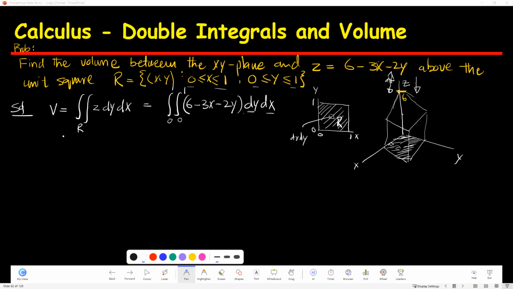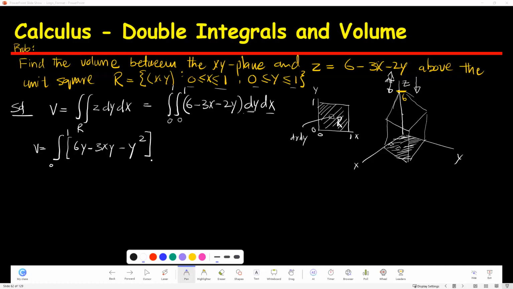So I'm going to solve this volume integral from 0 to 1, putting a curly bracket here, and then 6y minus, taking the derivative with respect to y, 3x becomes 3xy, minus y squared, since the 2 divided by 2 cancels out and y squared is left over.